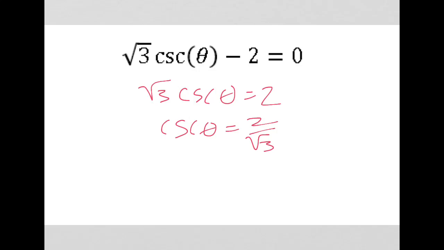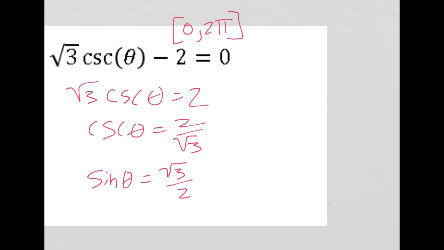Cosecant's reciprocal is sine, so I can rewrite this as sine of theta, the reciprocal on the left, equals the reciprocal on the right, which is root 3 over 2. So we're looking for all the solutions between 0 and 2 pi where sine of theta equals root 3 over 2. So as we typically do, let's draw ourselves a little fake unit circle.